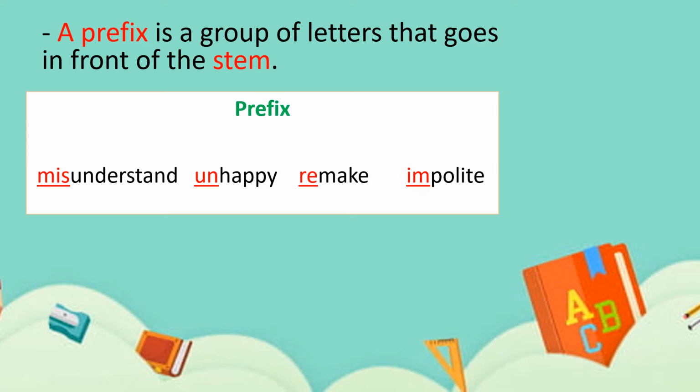A third example is the prefix re, which comes at the front of the word make, so it becomes remake. I have a fourth example, which is the last. It's impolite. The prefix im comes at the front of the word polite.